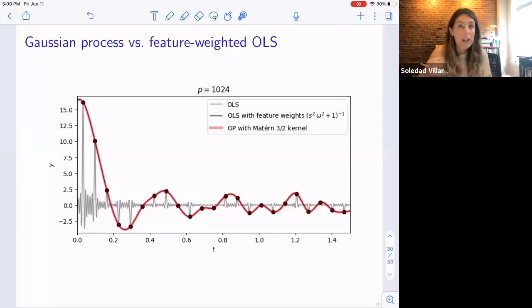So with an increasing number of features, depending on how you increase them, you get different things and different models. So it's not clear what a picture like double descent would tell you, if you look at the x-axis, about what it means to increase the number of parameters or features.